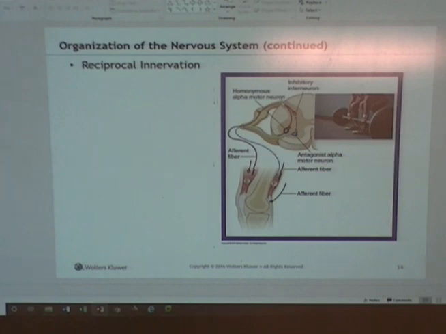So the sensory nerve synapses with a facilitating interneuron, and that then synapses with the motor nerve, in this case for the quadricep, and stimulates the quadricep to contract. But that sensory nerve also synapses with an inhibitory interneuron, which turns the action of the hamstring down.